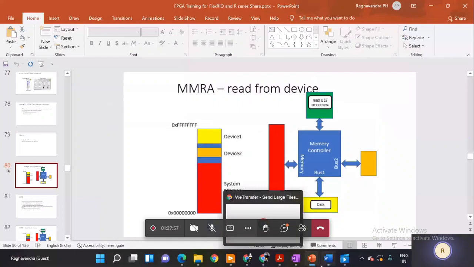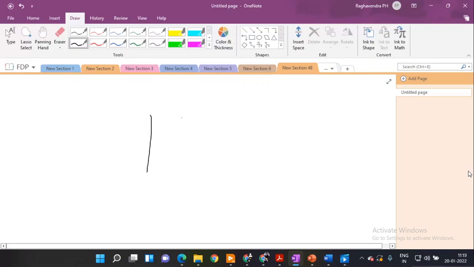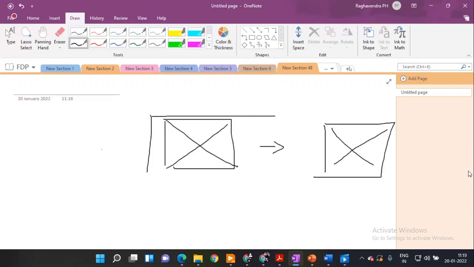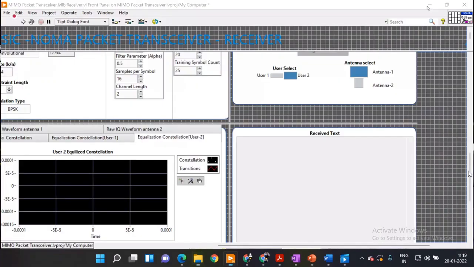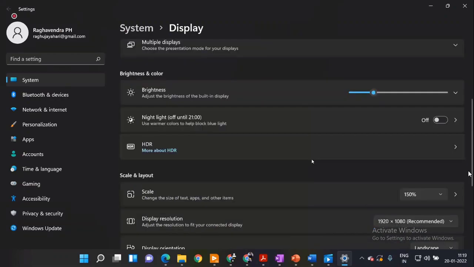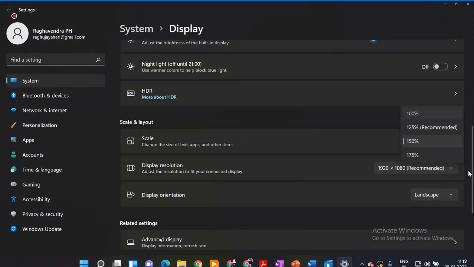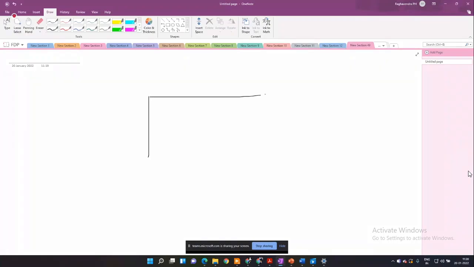Right. So let's say you want to communicate with your USRP. The layering, like I said before, is you have a PC.